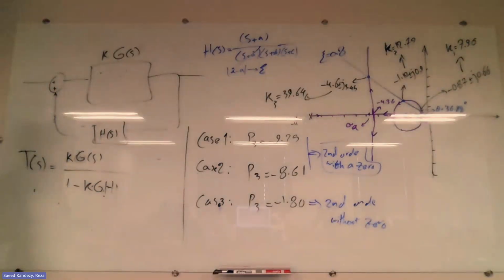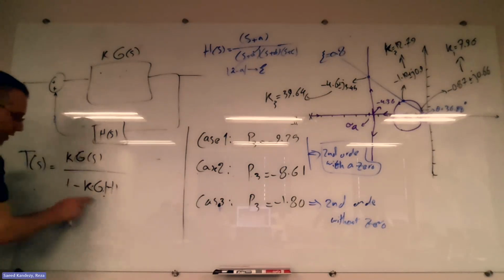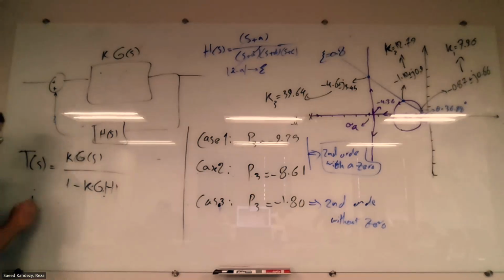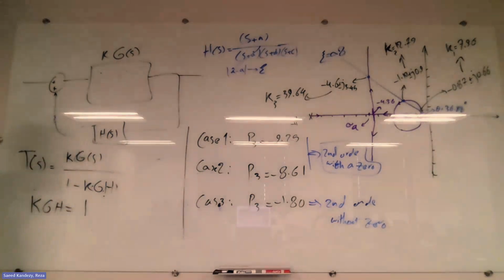Very good. Now, do you remember the discussions that we had for the condition of the poles? For the feedback loop, KGH would become 1 instead of minus 1. Right?